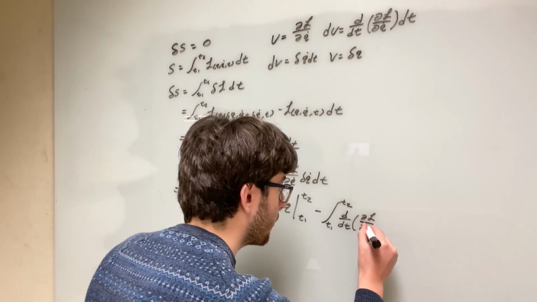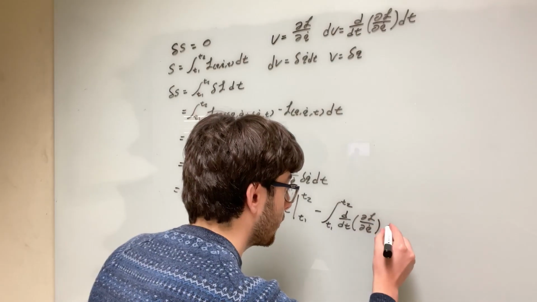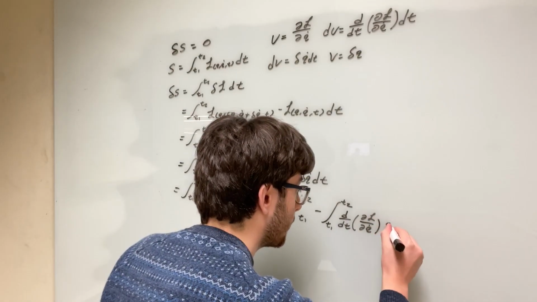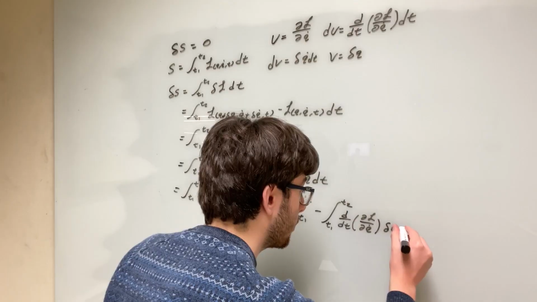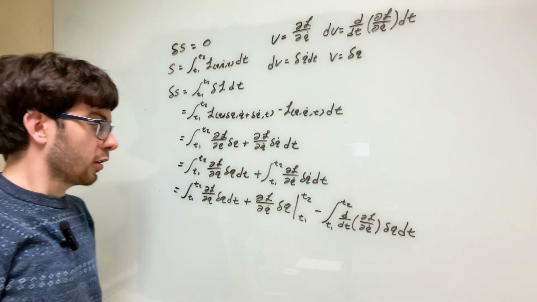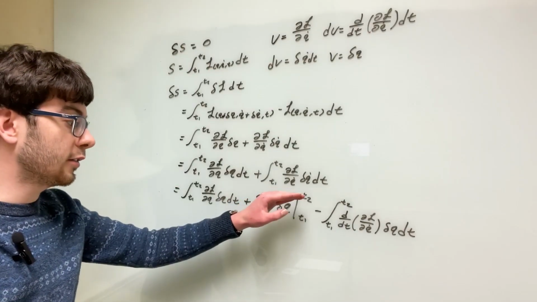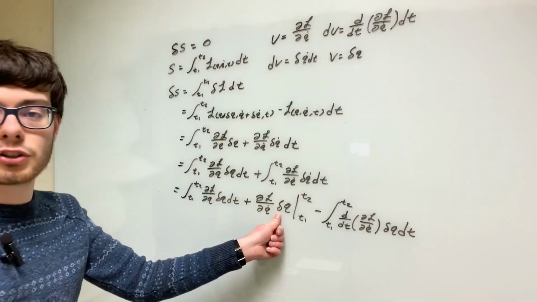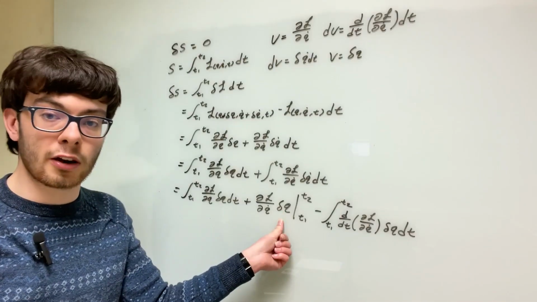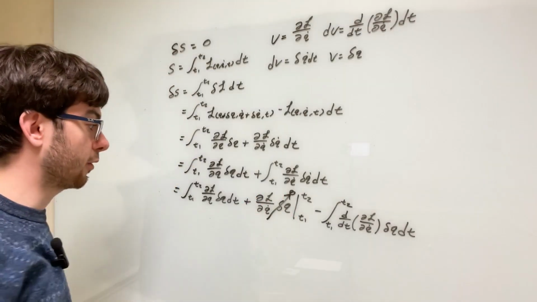So we have the time derivative of the partial derivative of the Lagrangian with respect to q dot times the variation in q, and then dt. So since this is being evaluated from t1 to t2, the variation in q won't change along this interval. So we can just get rid of this. So this will just equal 0.